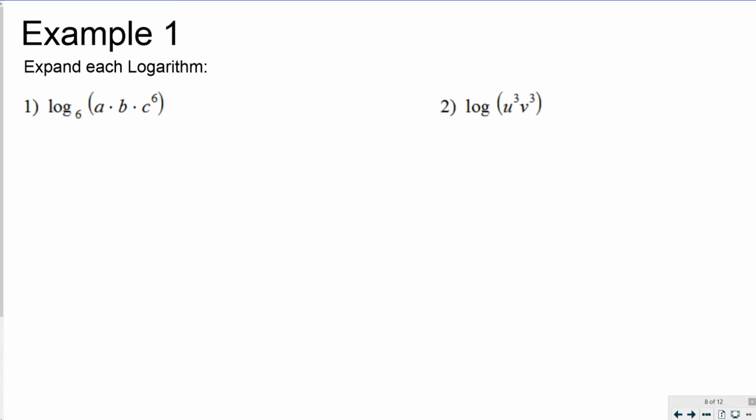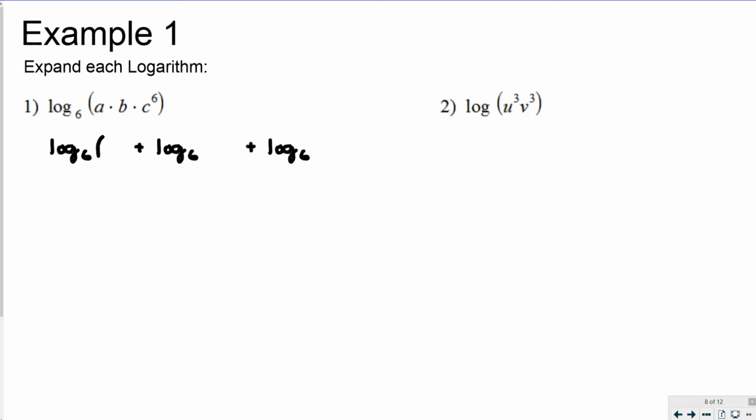So what we're going to do is this is going to be the log base 6, and I'm really lazy, and I'm going to copy the log base 6 3 times because I don't want to write it 3 times. So log base 6, and it is multiplication inside the parentheses. So the multiplication means we're going to be using the product rule, and the product rule is going to be addition.